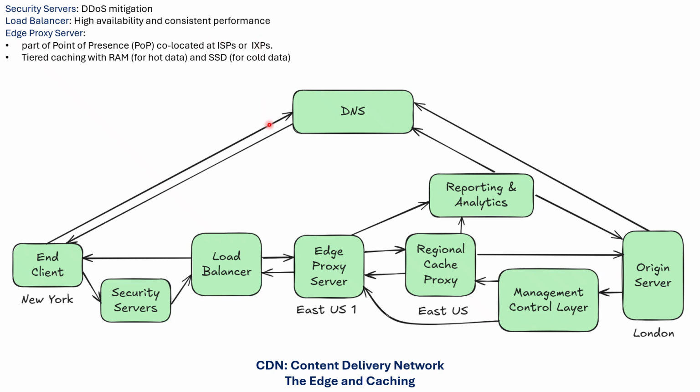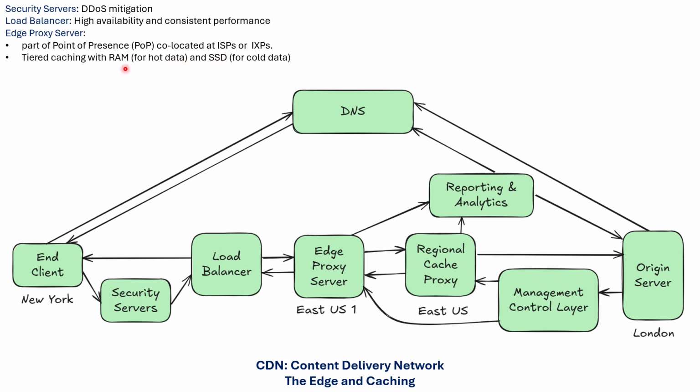Now inside each proxy server, we have a tiered caching system. The fastest data, or the hot data, is cached in RAM, which is our random access memory. The next tier is SSD, or solid state drives.